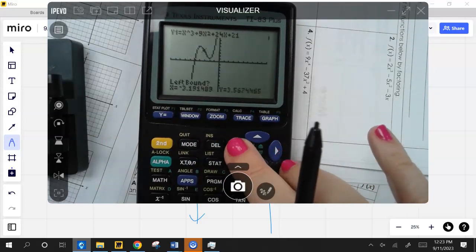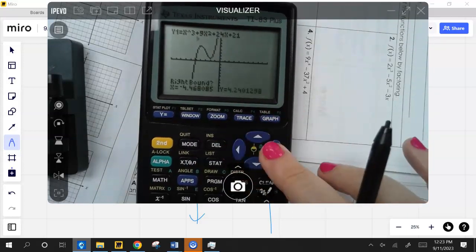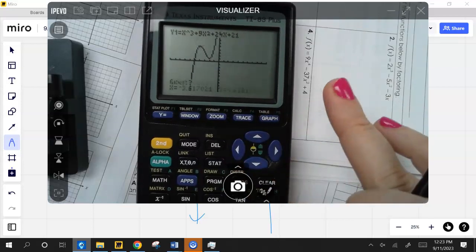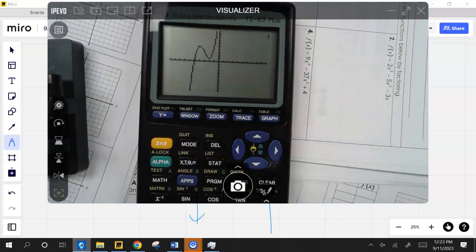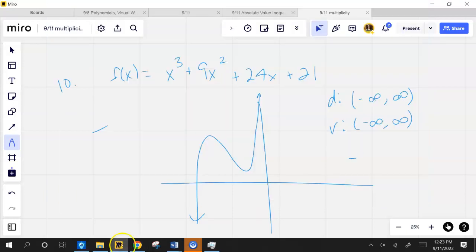Maximum, negative 4, 5. So negative 2, 1, negative 4, 5. This is the relative min. This is the relative max.